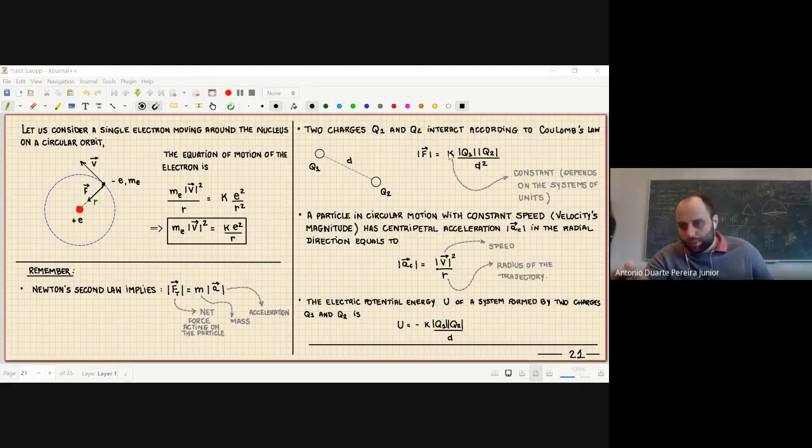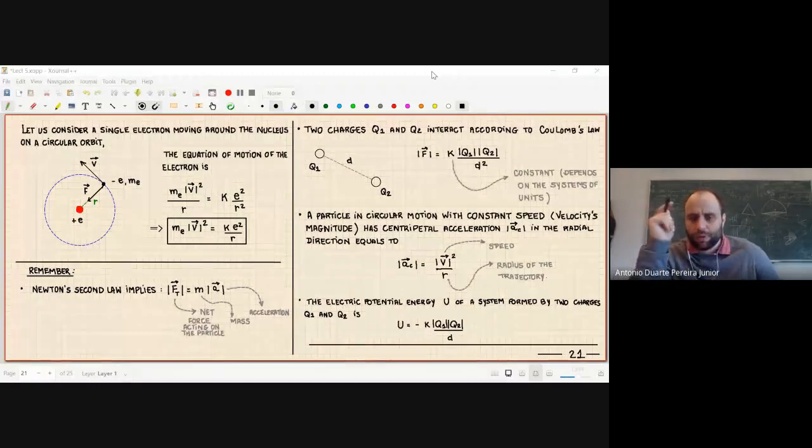With that, you can measure how much K is. And as it was written in the chat, in the international system of units, this K is just 9 times 10 to the... now I'm confused because it's written 10 to the minus 9 in the chat, but I was thinking that it was 10 to the 9th.